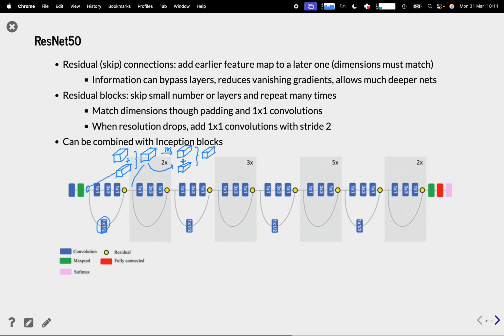So these residual layers make sure that information does not get destroyed or lost during the convolution layers. Information can bypass multiple layers. And the main thing that this does is reducing vanishing gradients, right?